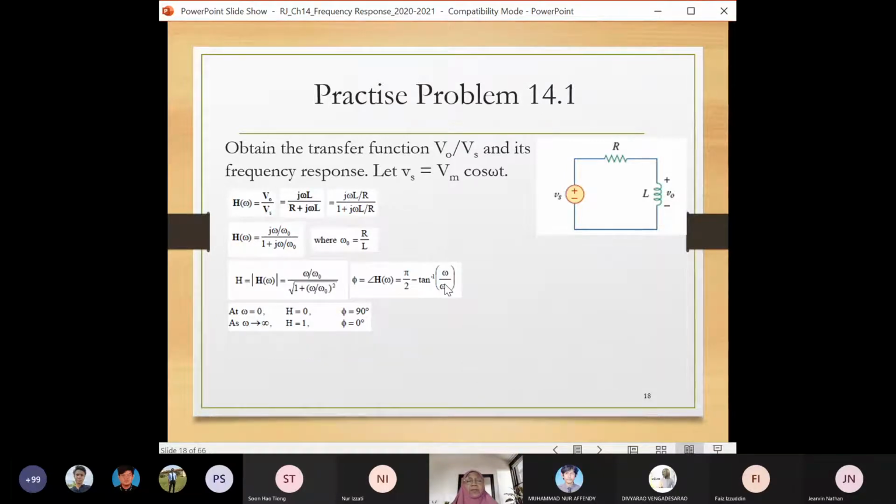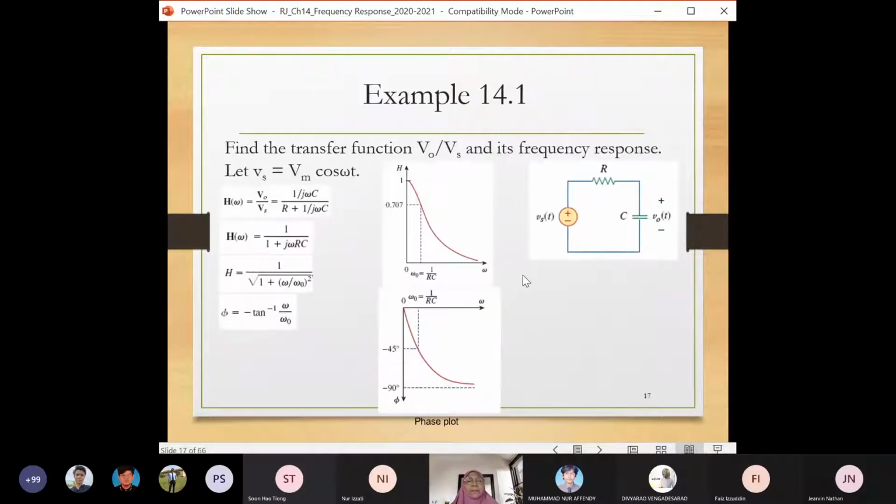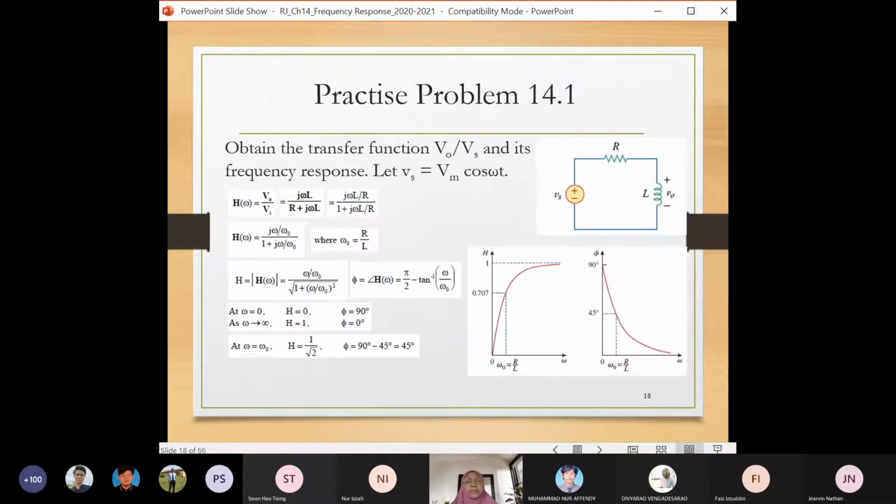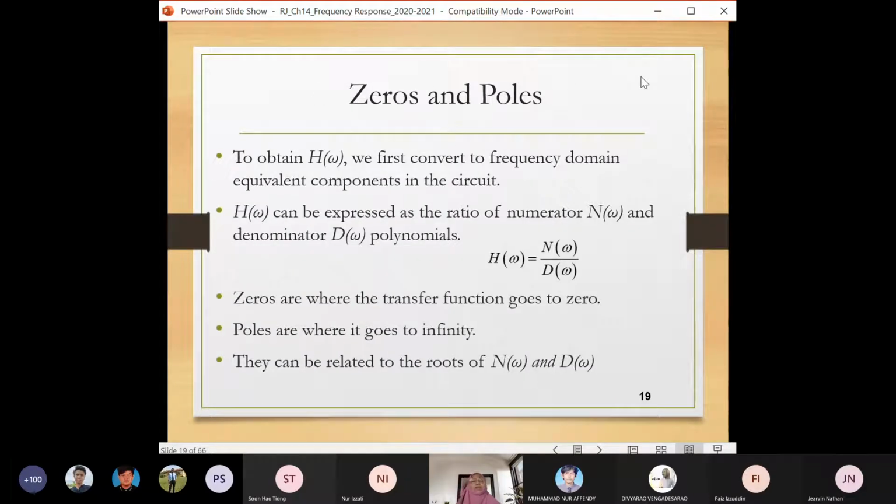If you compare with the capacitor, the resonant value omega naught is 1 over RC, but for the inductor, sorry, it is R over L. Okay, now we want to discuss zeros and poles.